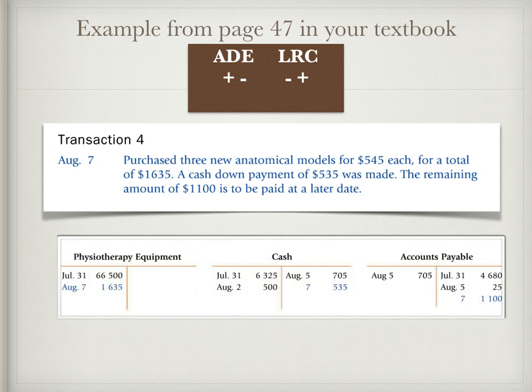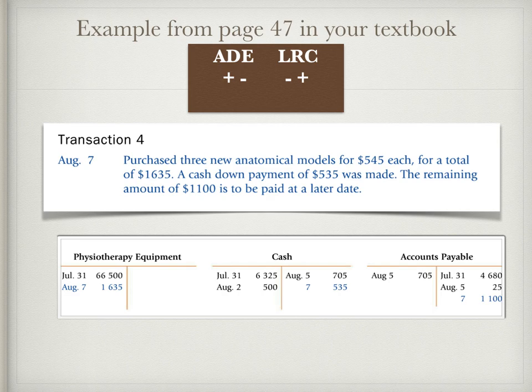So that here is an example of where we have more than two T accounts. So our physiotherapy equipment is increasing on the debit side by $1,635. Our cash asset is decreasing on the credit side by the amount of cash that we paid, $535. And then our accounts payable is also increasing.